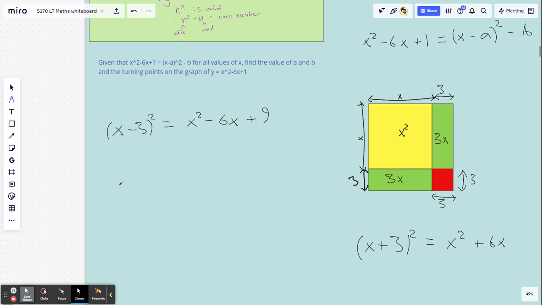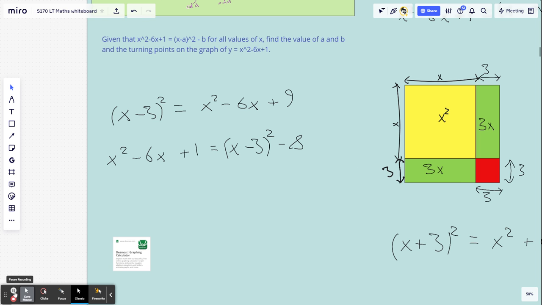Now that means that x squared minus 6x plus 1 is equal to x minus 3 all squared, and what I've done is I would have taken away 8 in order to get that. So it looks at the moment as if a is 3 and b is 8.